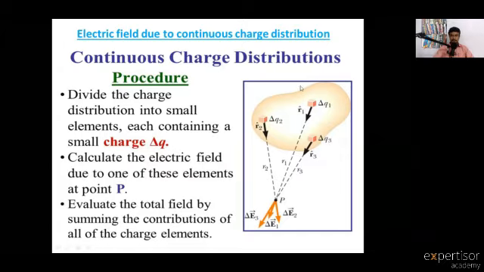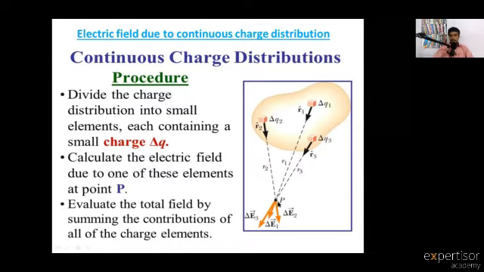Here q1, q2, q3 are three different charges, represented in the form of delta q1, delta q2, delta q3, at distances r1, r2, r3 from a testing charge at point P, with position vectors r1, r2, r3.